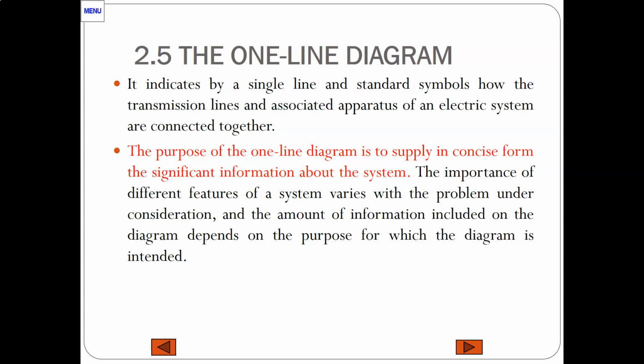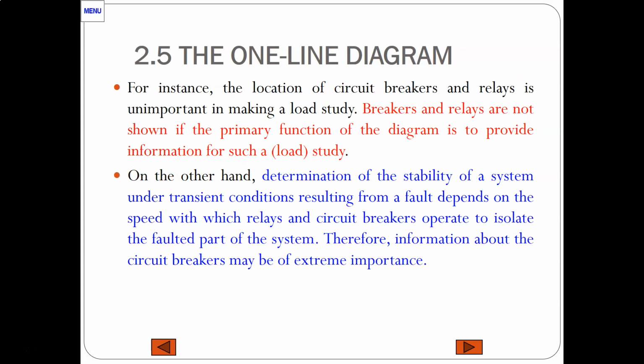For instance, the location of circuit breakers and relays in the grid is not so important when you're making a load study. But on the other hand, when you look at stability of the system and transient conditions, then it's much more important and we need them in the system.